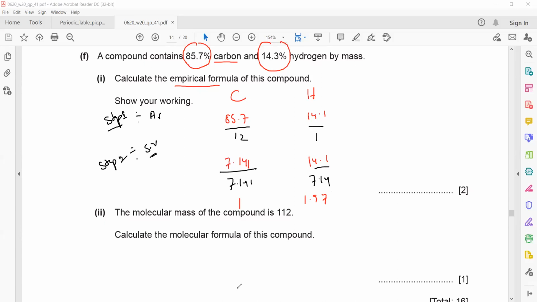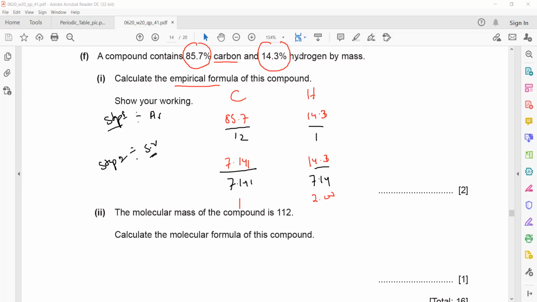So this is 1.97, and 1.97 is approximately 2. With 14.3 divided by 7.14, that is about 2.00. So if one of the numbers is 1, the other one is 2.